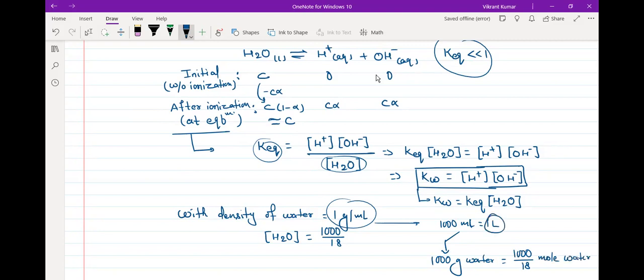These many moles in 1 liter is the molarity of water, and that's why we are writing this, which is very close to 55 point. I'll write 56 with proper round off. So this much will be the concentration of pure water, or in any aqueous solution also. If they're asking what is the concentration of water, we always write 1000/18 if nothing is mentioned about the density of water.